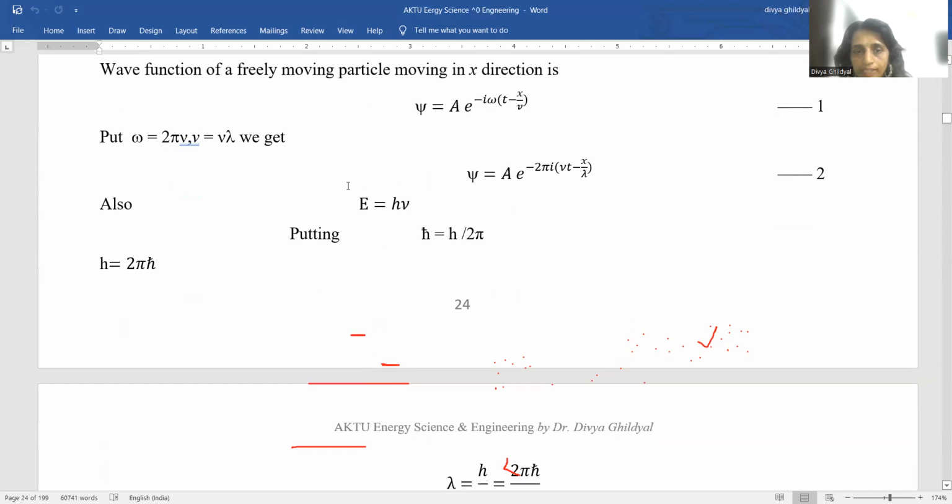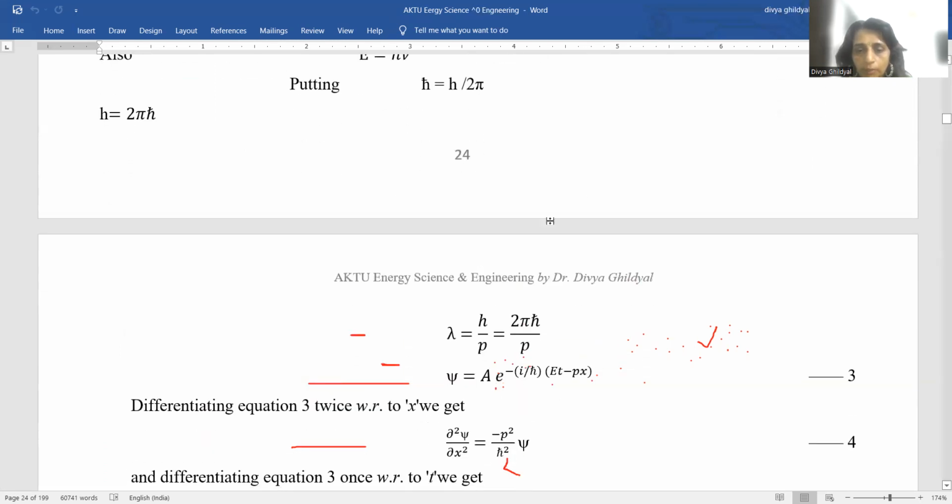Also, from Einstein's mass energy equation, E is equal to h nu and h bar is h upon 2 pi. So h becomes equal to, if I cross multiply, 2 pi h bar, Planck's constant value. So my de Broglie wavelength becomes lambda is equal to h upon p, which is equal to 2 pi h bar upon p.